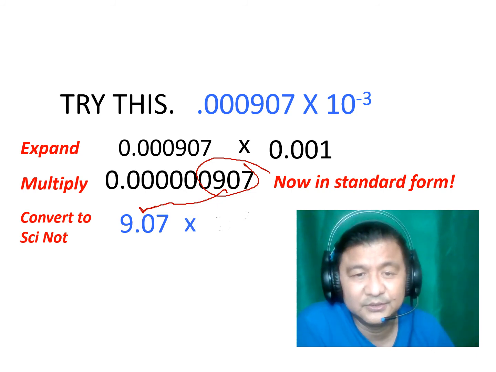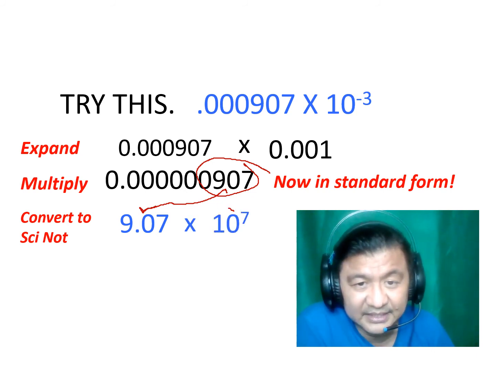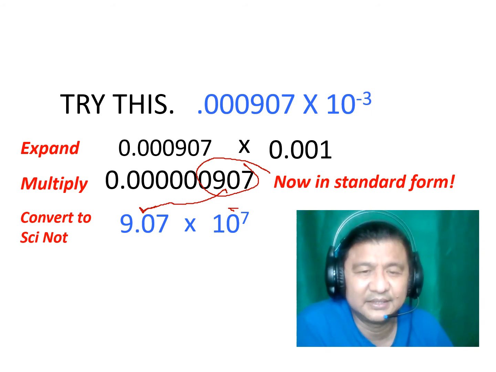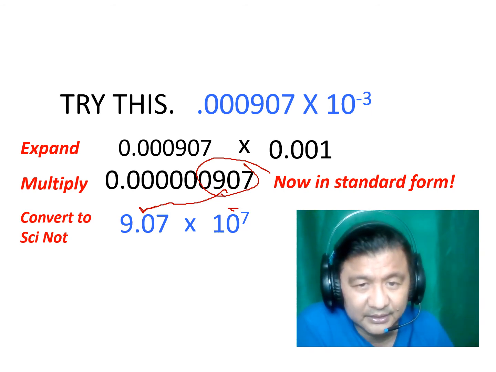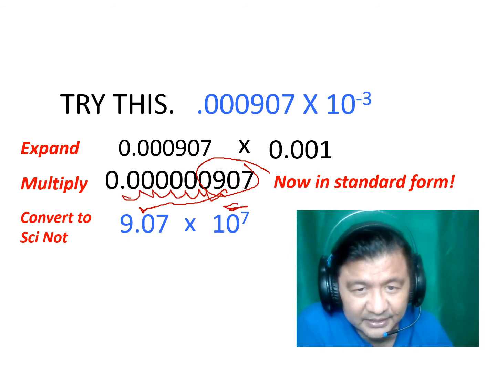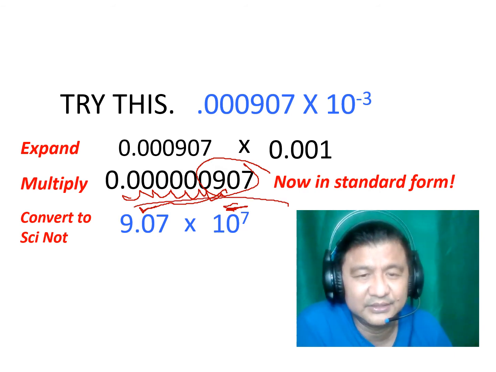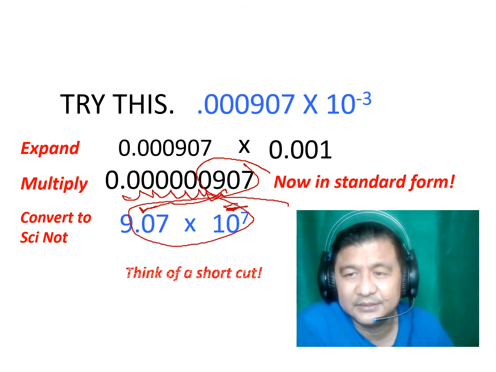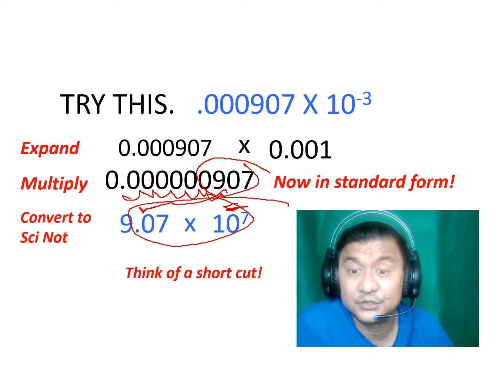So that's going to be times 10 to the not 7, but negative 7. All right, negative 7. Let's count: 1, 2, 3, 4, 5, 6, 7. So there should be a negative 7 here. All right, so that's our answer. Again, think of a shortcut.